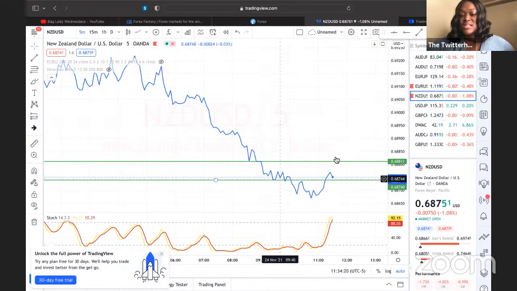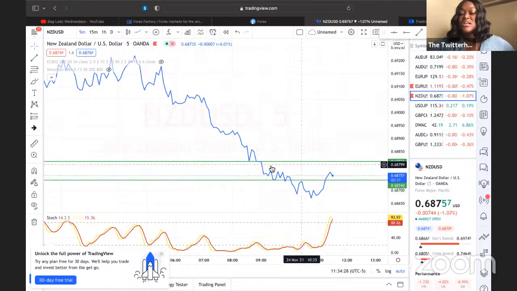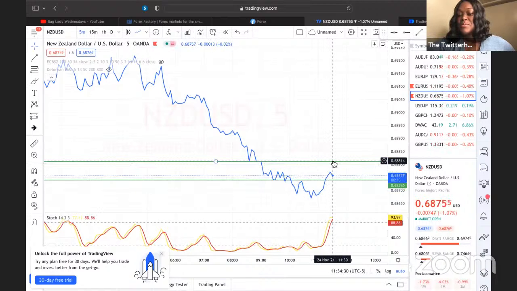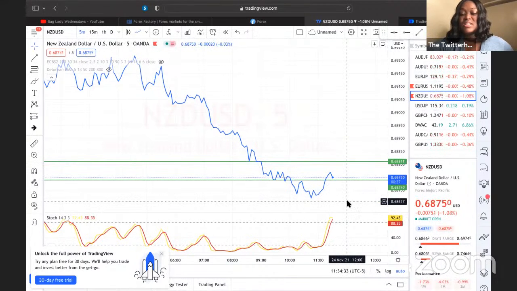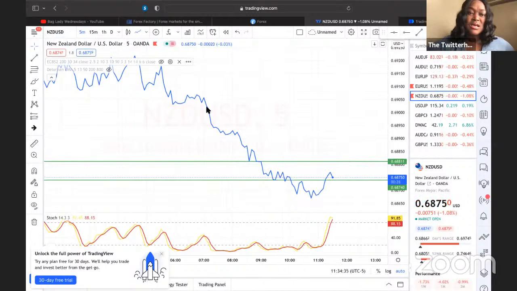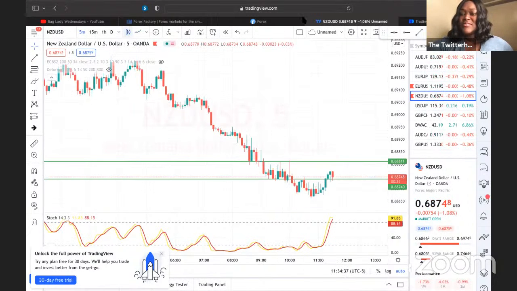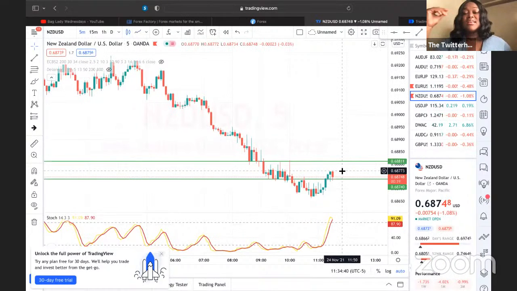I was wanting to see if it would come and retest at this floor to come up and go down, but it didn't quite come up there because 11:30 is on the half hour. The half hour, the 45 minutes, and the hour are key times when the market turns around. So it happened, and price didn't quite come up to where I was looking for it to come up to.